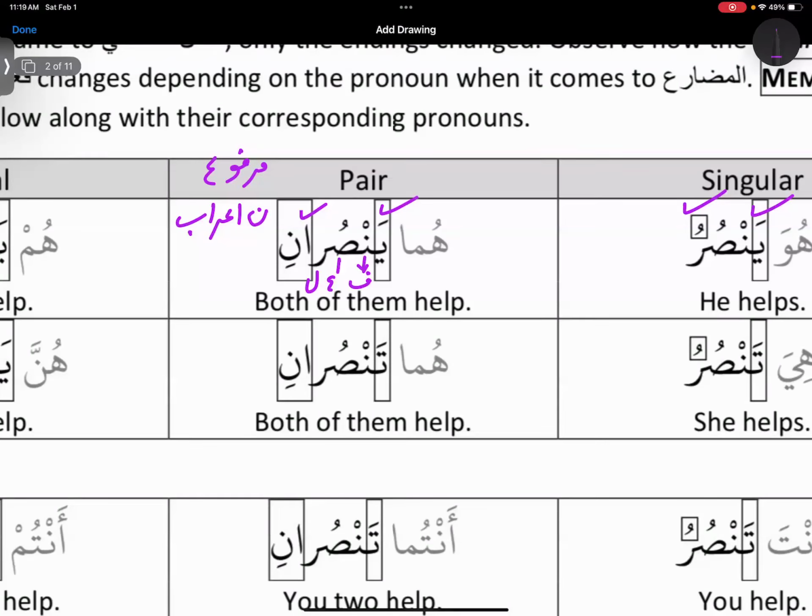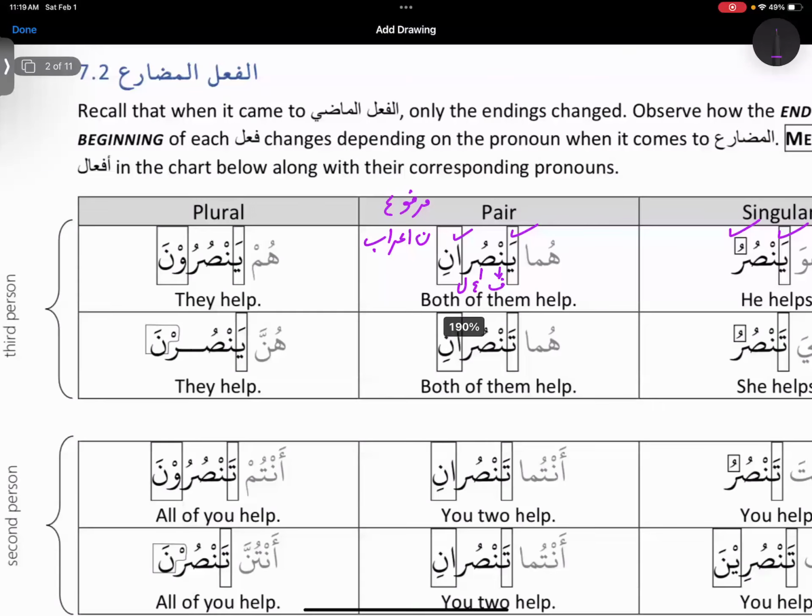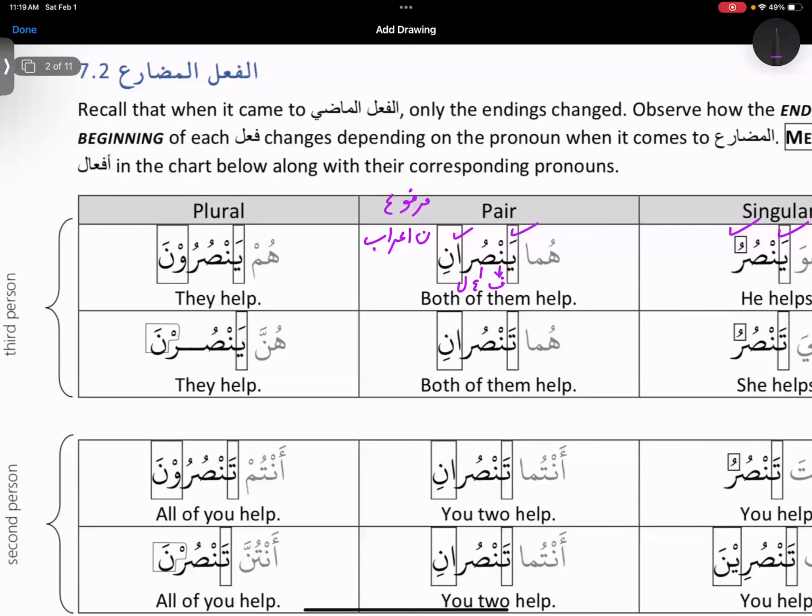So huma is yansurani. And then hum will become yansuruna. Same idea. The fa'il is wow of jama, and noon is the noon of i'rab. So hum is yansuruna.